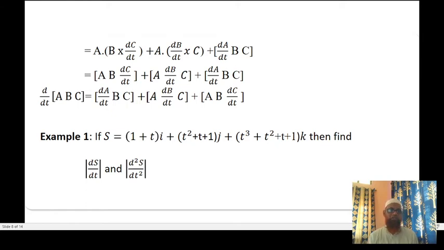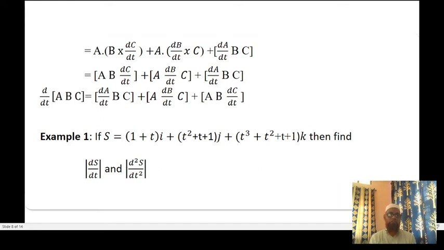So d by dt of a b c equals dA by dt b c plus a db by dt c plus a b dc by dt. So similarly we can prove for scalar triple product. So this is the derivative of scalar triple product and derivative of vector triple product.